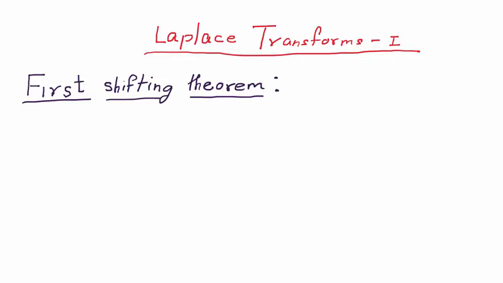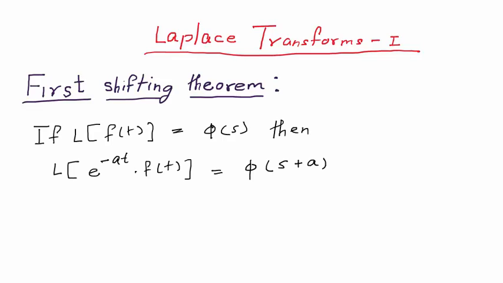Now, the first shifting theorem statement is: if Laplace of f of t is equal to phi of s, then Laplace of e raised to minus at into f of t is equal to phi of s plus a. Understand that when we find the Laplace of f of t, we get some function of s.